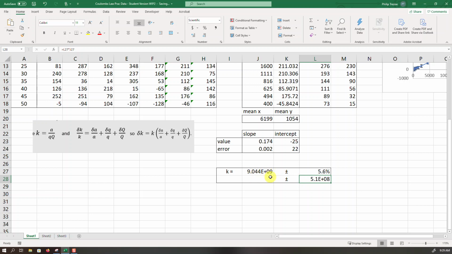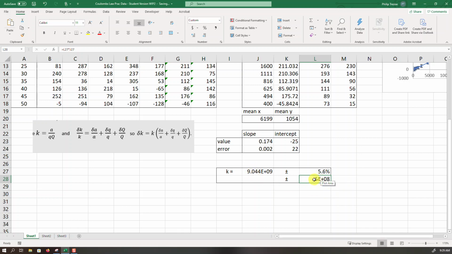Notice this one is times 10 to the power of 9, and this one is times 10 to the power of 8. It's an order of magnitude less. Usually with absolute errors, we round them to one significant figure. So I'll round that to 5 times 10 to the power of 8. And that would really be in the decimal place here.